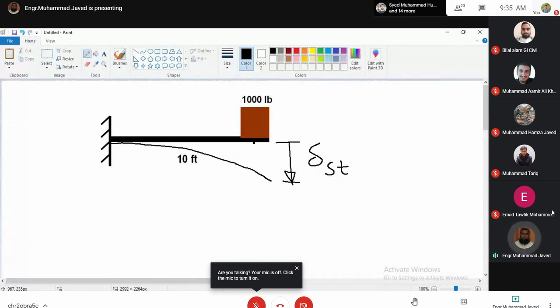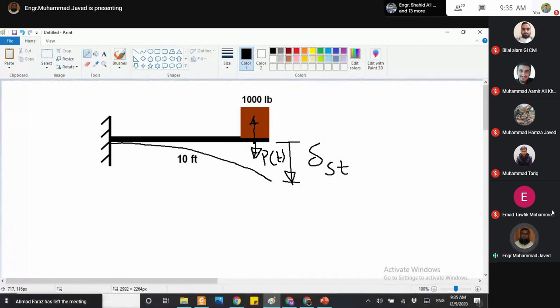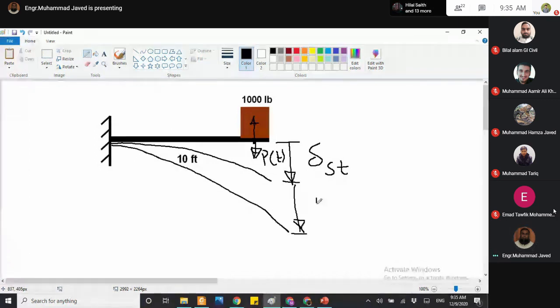Now when we apply a dynamic force which varies with time as well as in direction, additional displacement will be produced. Say when the dynamic force is acting in the downward direction, and at any instant of time the additional deflection due to the dynamic force is u of t, which can be represented by u.